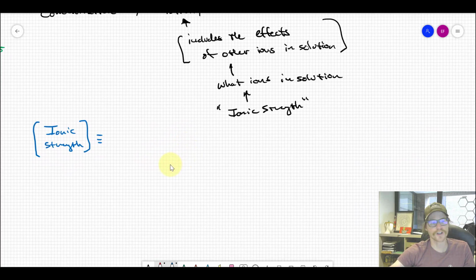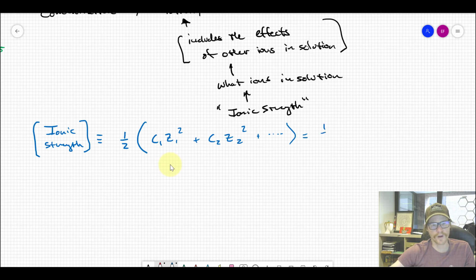So ionic strength is going to be equal to 1/2 times the concentration of ion 1 times the charge of ion 1 squared, plus the concentration of the second ion that's in solution times its charge squared, etc. So we can generalize this as 1/2 times the summation over the ith species, Ci, times the charge of i squared.